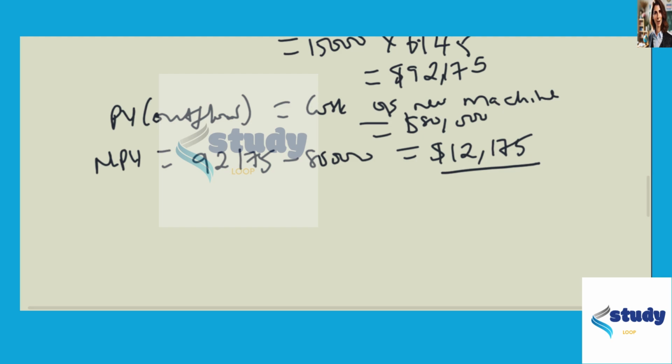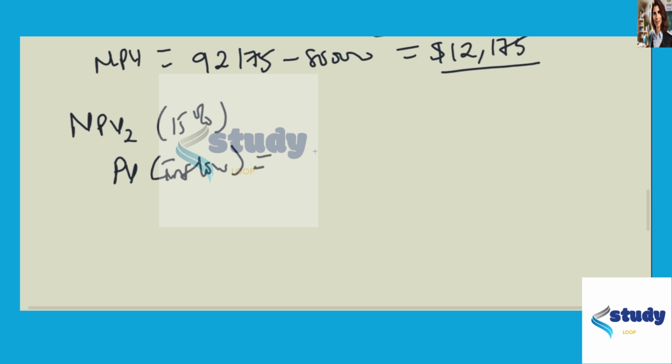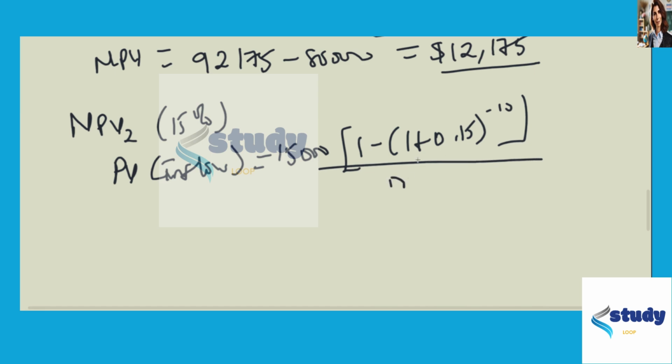Now we're going to calculate the NPV2 at 15%. So the present value of inflow would be 15,000 open brackets 1 minus 1 plus 0.15 raised to power 10 over 0.15.